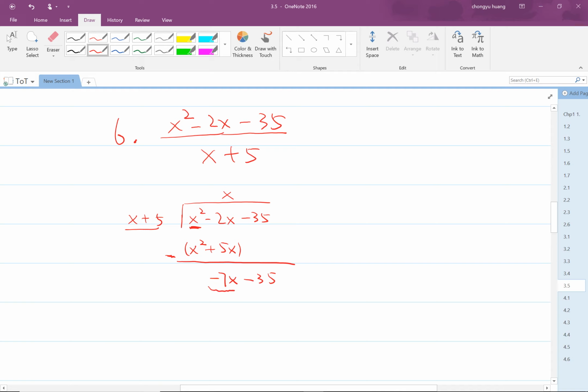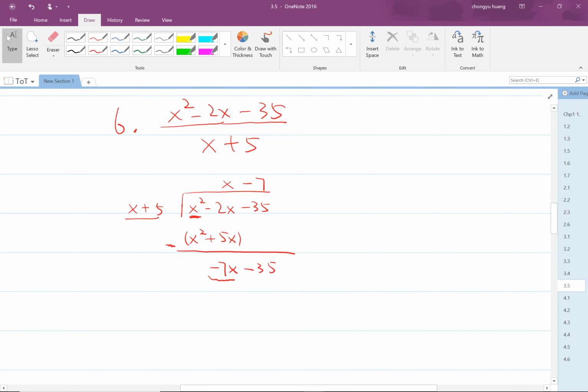So now you want to cancel negative 7x, so therefore you multiply by negative 7, right? So x plus 5 multiplied by negative 7 becomes negative 7x, and then negative 35.